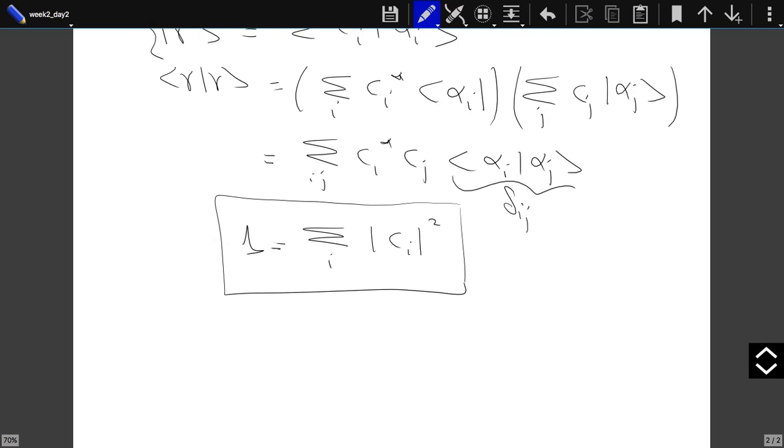And since I'm making many measurements with different outcomes, I can talk about the probability of outcomes.